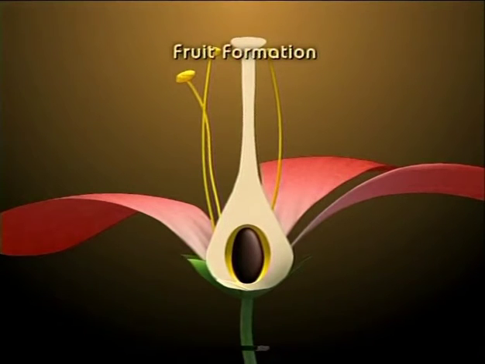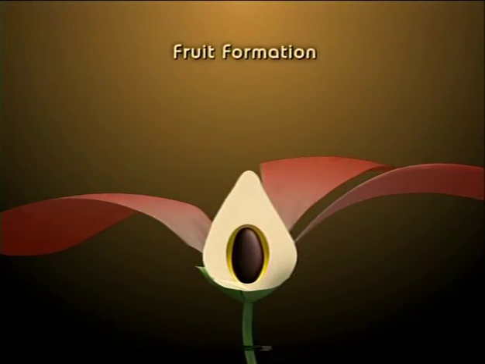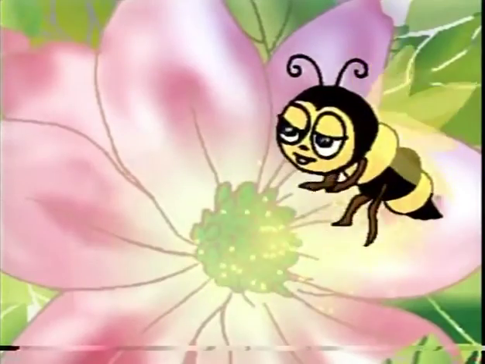The ovary grows in size and converts into a fruit. The other parts of the flower, like carpel, sepals, stamen and petals, fall off. And so now, where we earlier had a flower on the plant is a growing fruit.